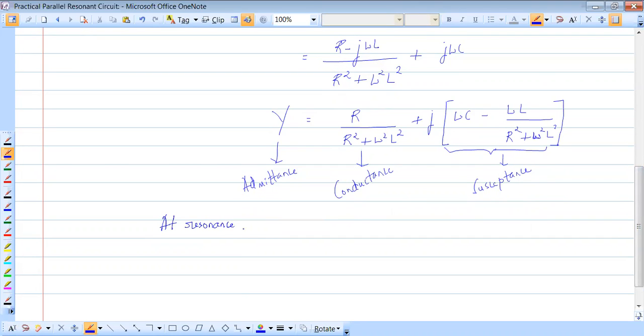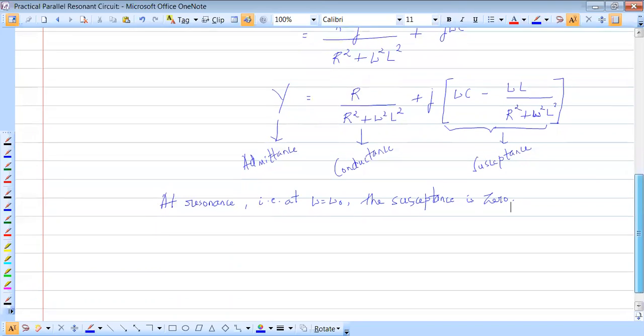At resonance, that is at omega equal to omega naught, the susceptance is 0. That means this part, when omega is omega naught, is becoming 0.